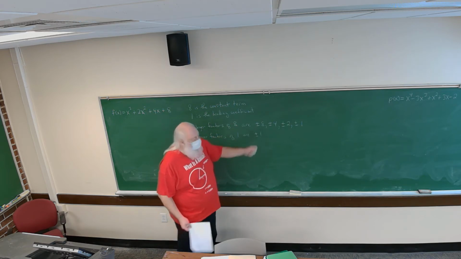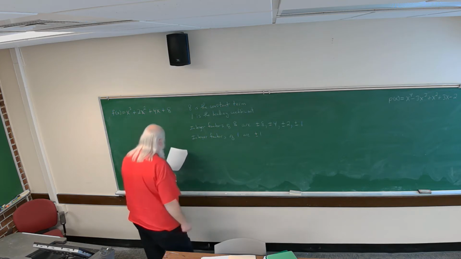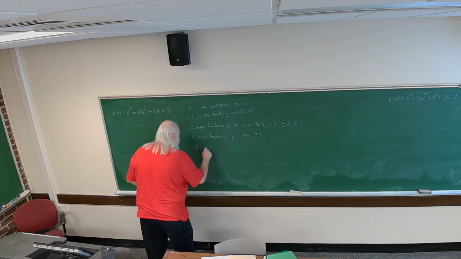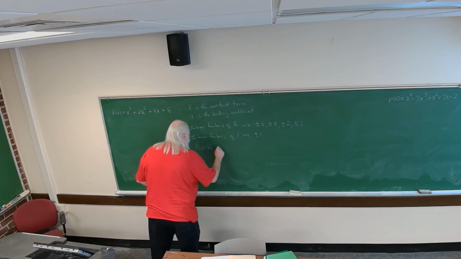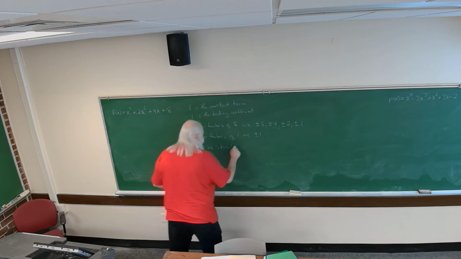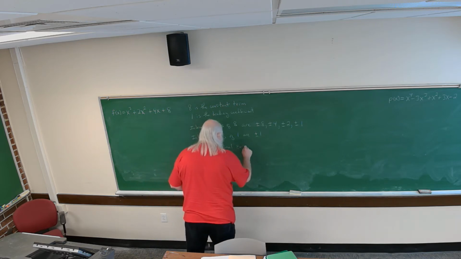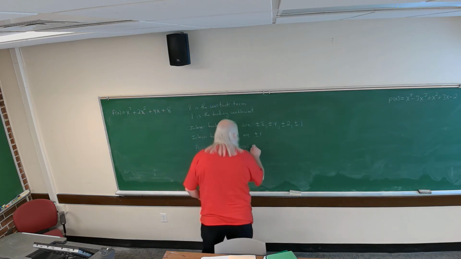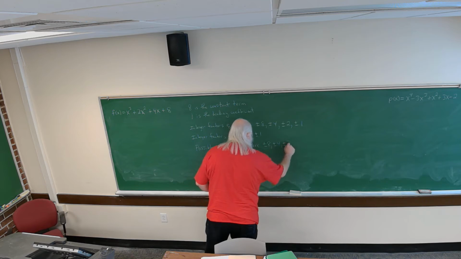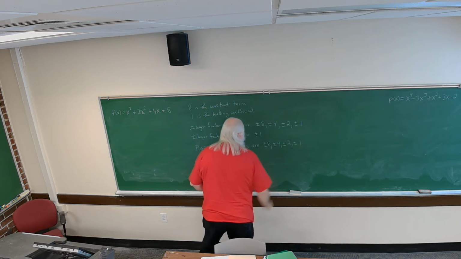Okay? So the possible rational zeros for this problem are plus and minus 8, plus and minus 4, plus and minus 2, and plus and minus 1.